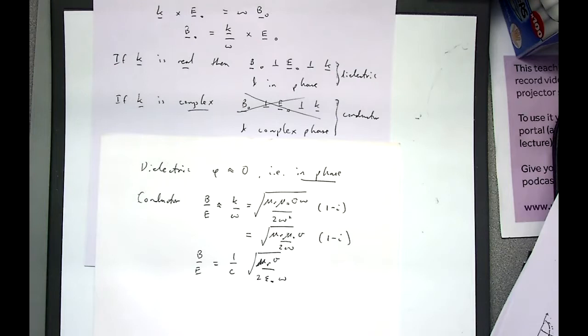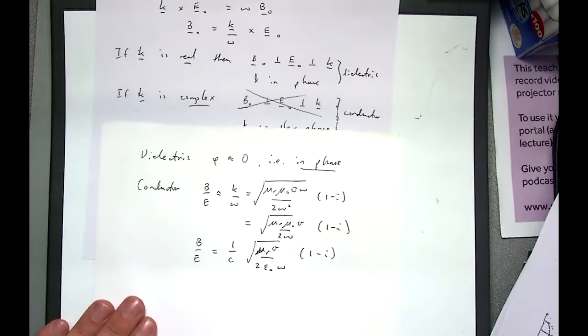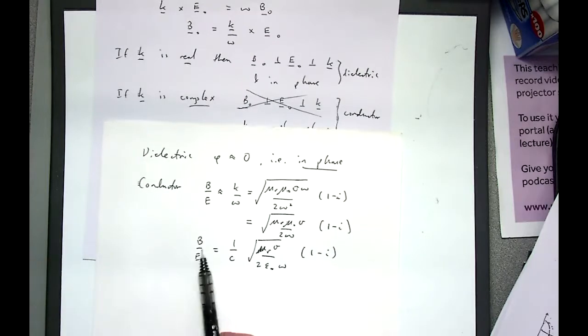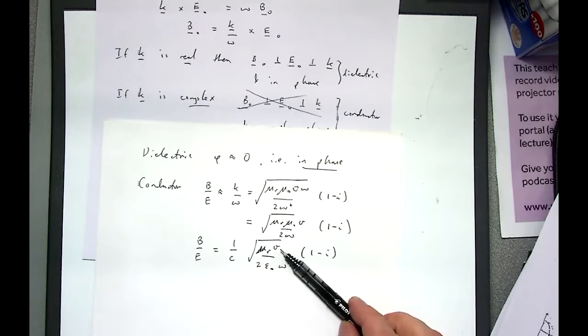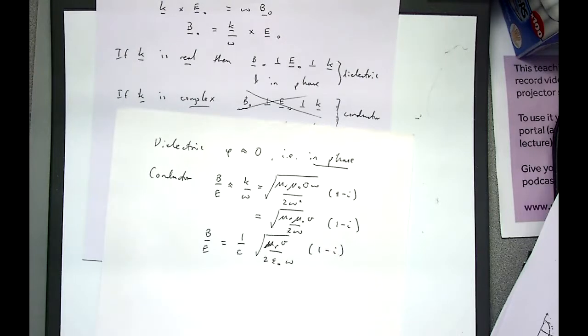Because I've extracted 1 over C out of that expression. And I still have that 1 minus I at the end there, okay? So you can see that if the conductivity rises, the magnetic field is bigger, right? And we also remember that mu r is often 1, so when we see this formula, that often disappears. Okay?